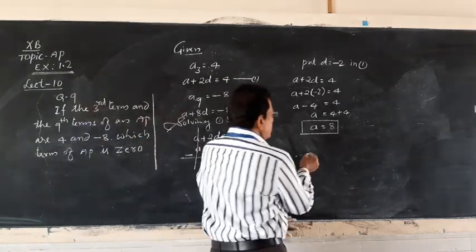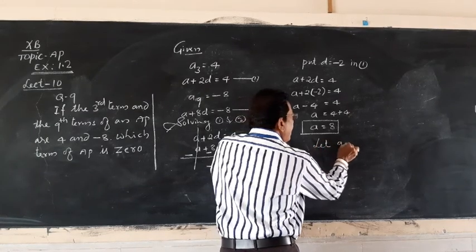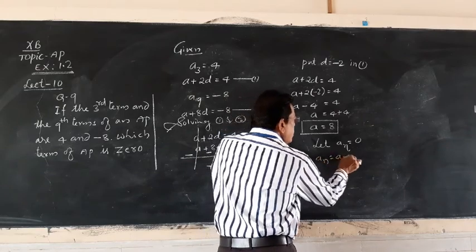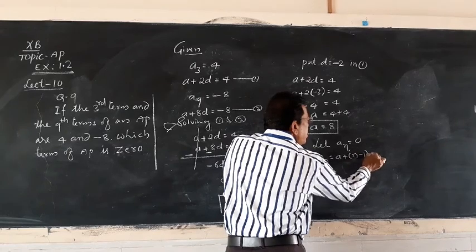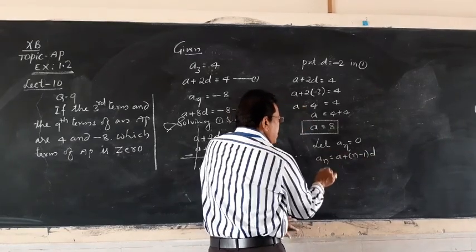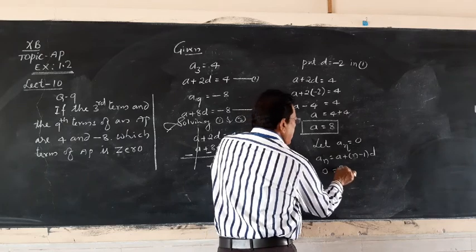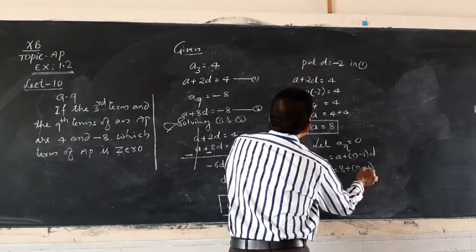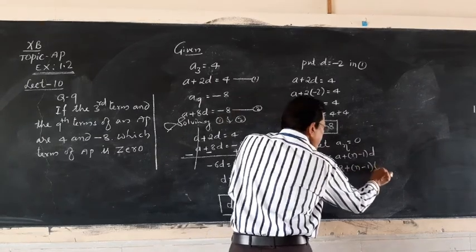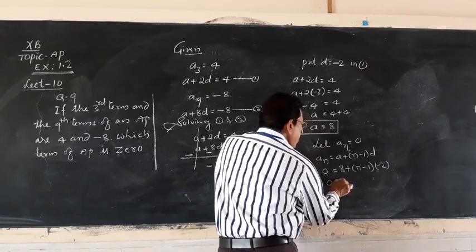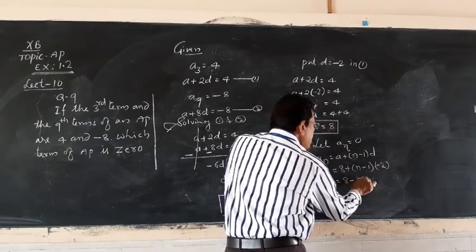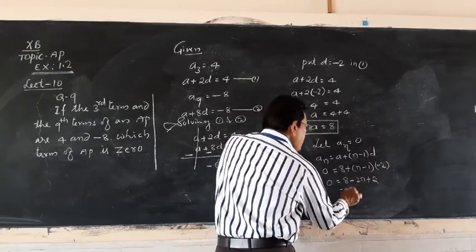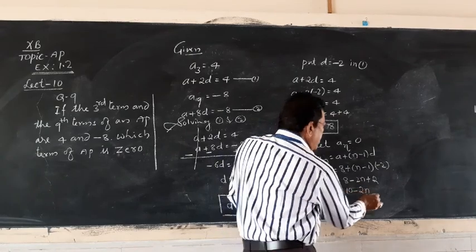Let an equal 0. Now an equals a plus n minus 1 into d. An is 0, a is 8, plus n minus 1 into d. D we got, that is minus 2. 0 equals 8 minus 2n plus 2, that is 8 plus 2, 10, minus 2n.